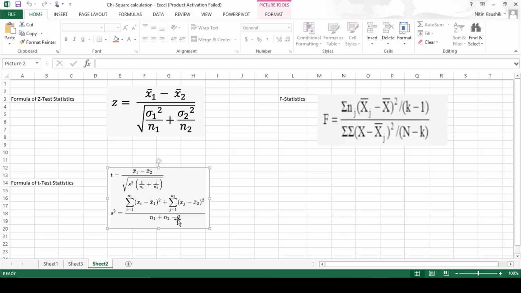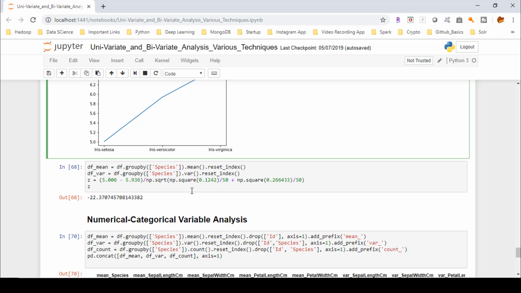So for our sake, let's calculate the z statistic for sepal length of categories setosa and versicolor. Here I have opened my Jupyter notebook.